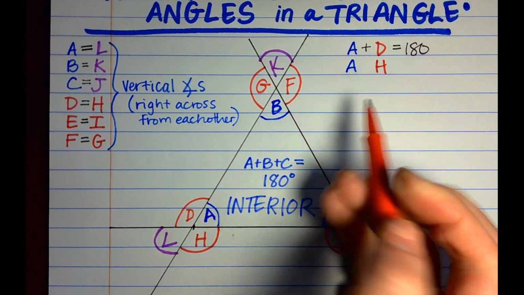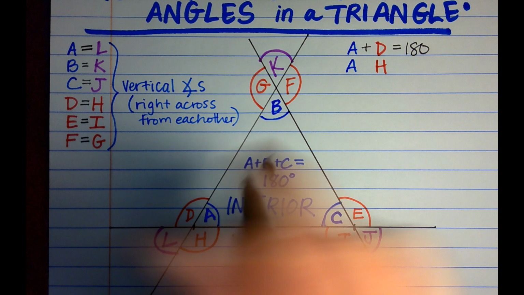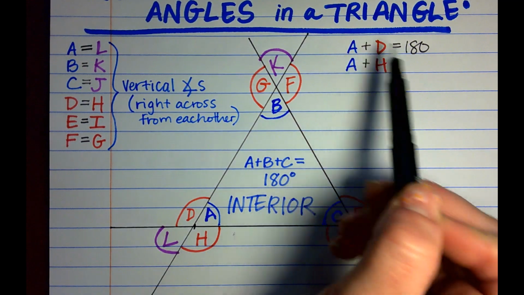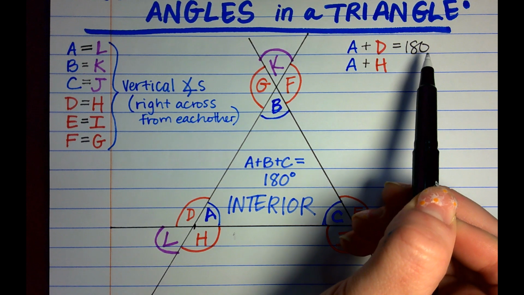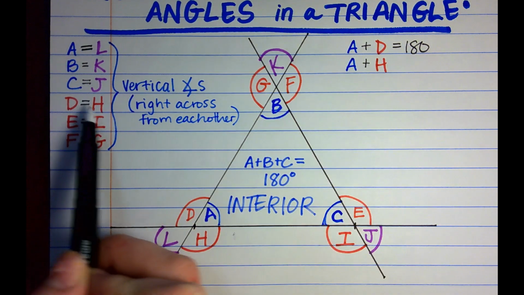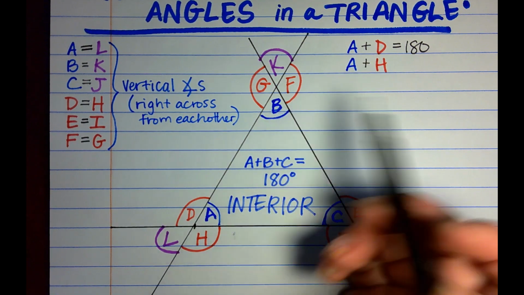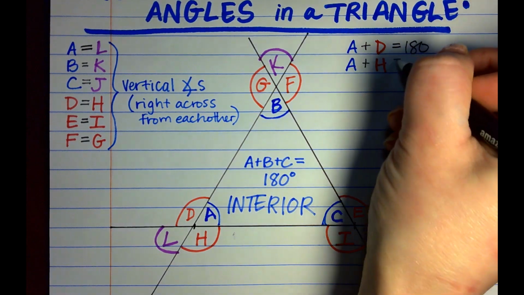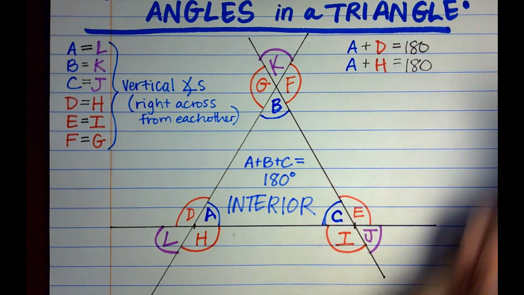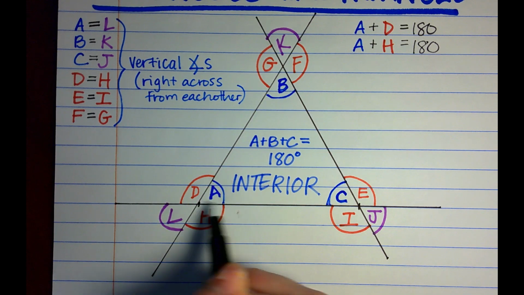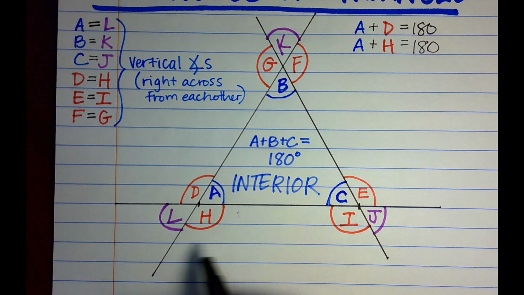A plus H. And we also could see, if A plus D equals 180 and D is equal to H, that means I can swap them out. I can do A plus H as well. So both of those are equal to 180. We could also just see visually A and D make a straight line. A and H make a straight line.